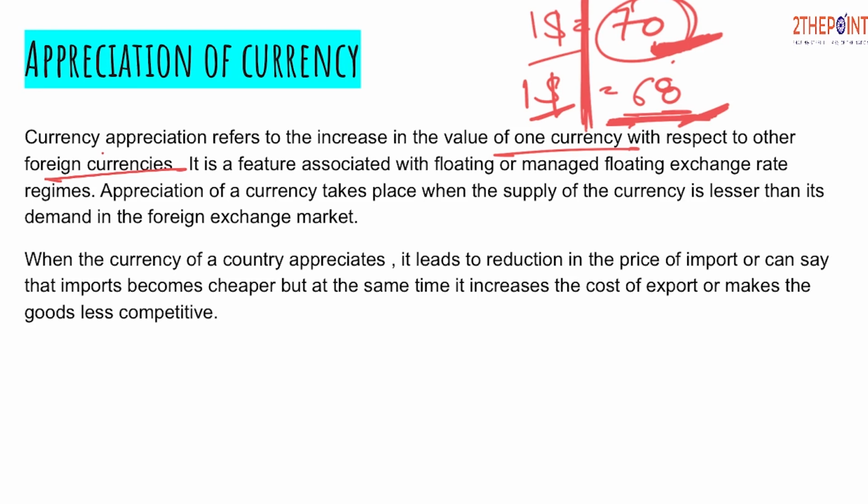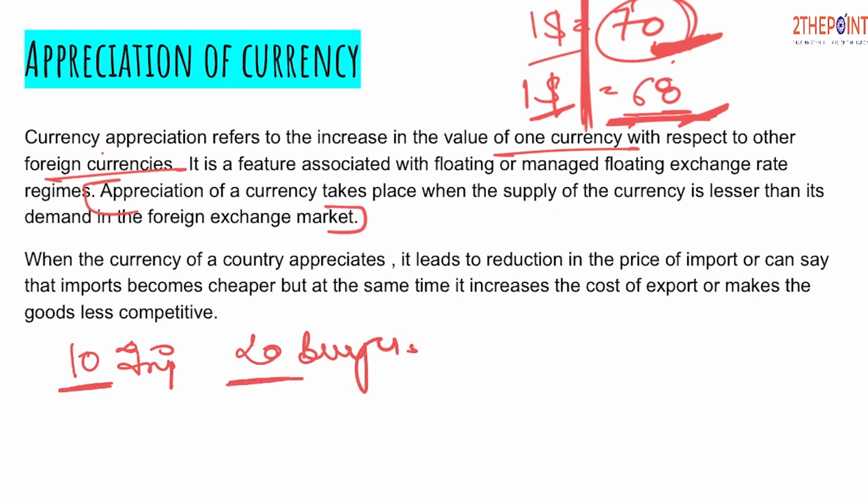Appreciation of a currency takes place when the supply of the currency is lesser than its demand in the foreign exchange market. This we will understand through an example. Suppose there are 10 injections available in the market and there are 20 buyers who want to buy them. The cost of 1 injection is 100 rupees.